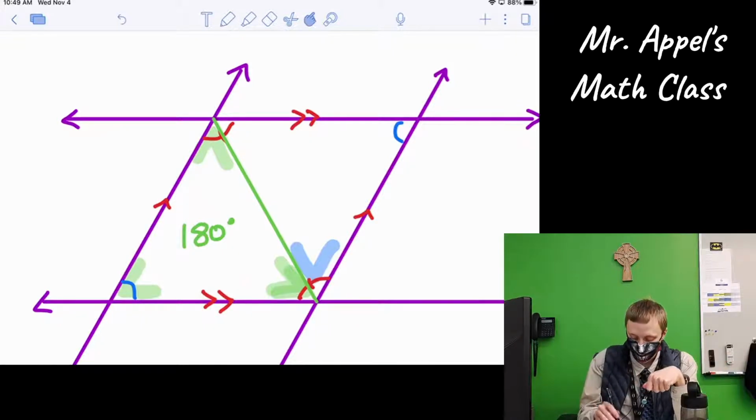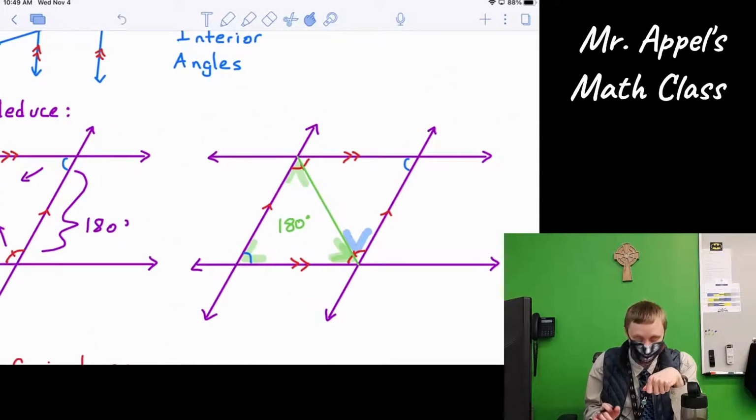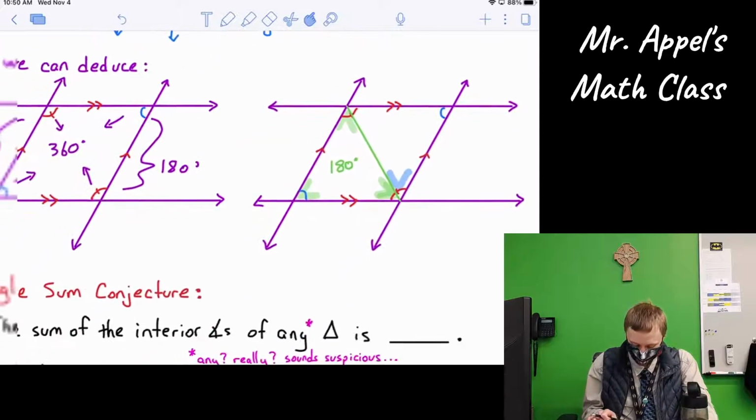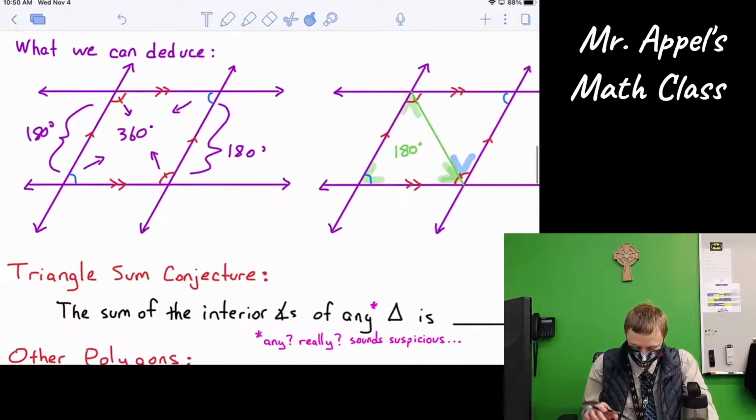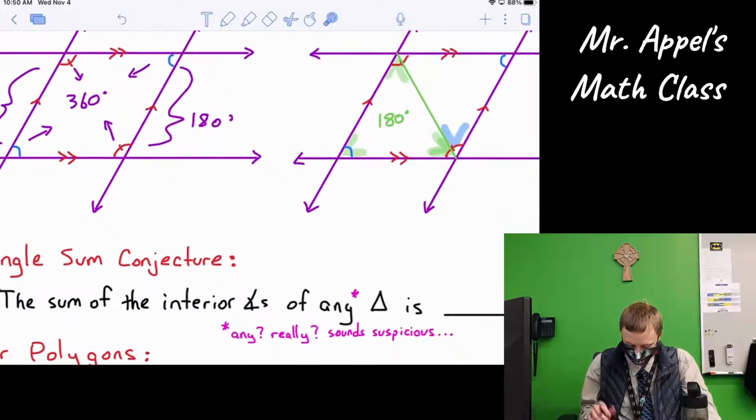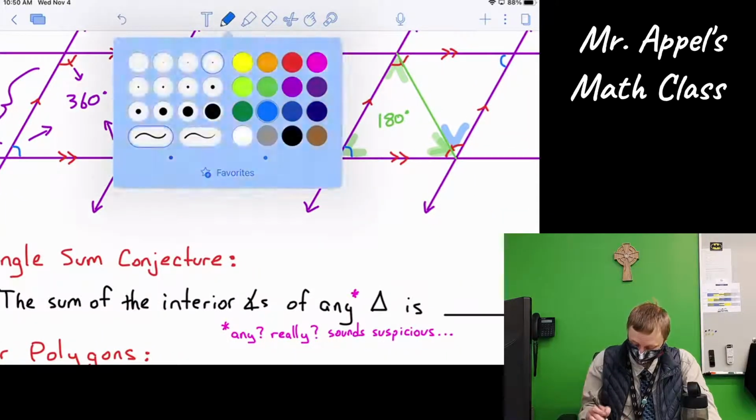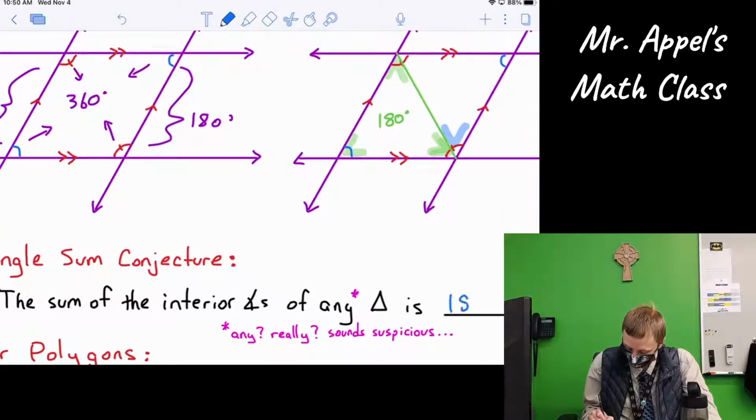Okay. So we actually are going to generalize that result. This brings us to the triangle sum conjecture. It says the sum of the interior angles of any triangle is 180 degrees.